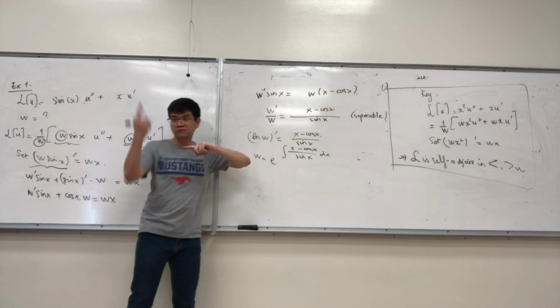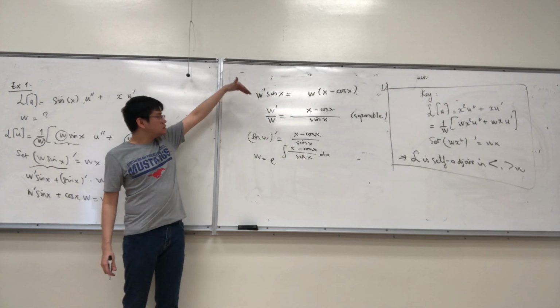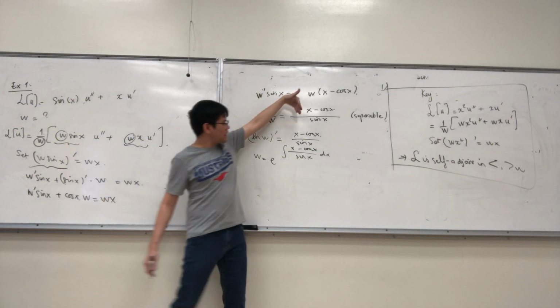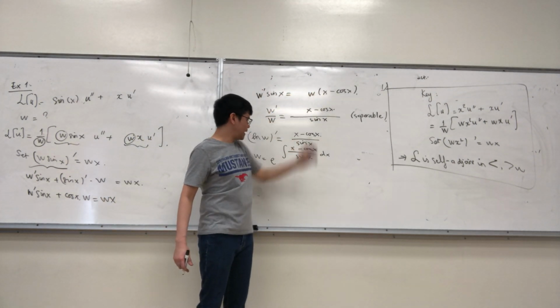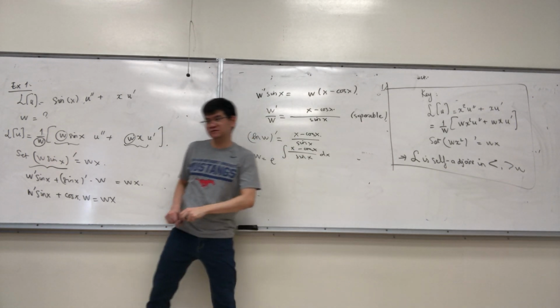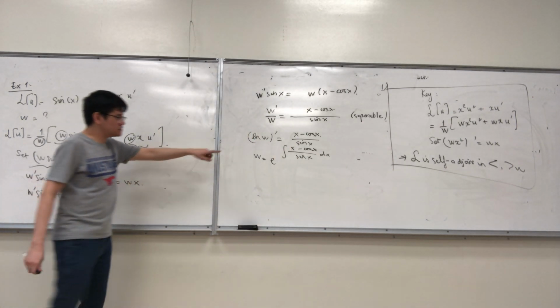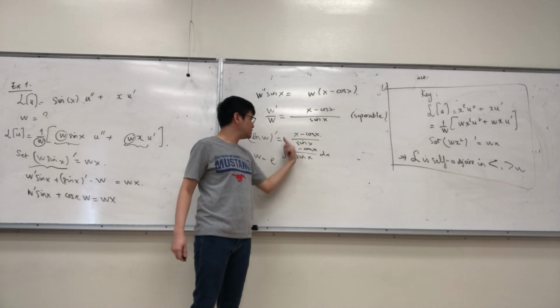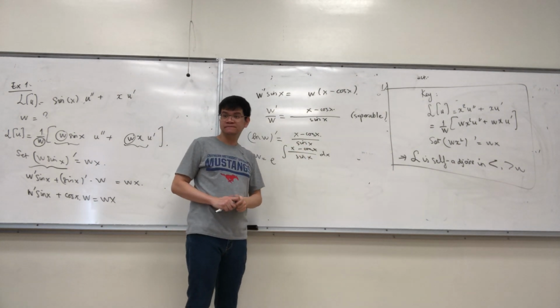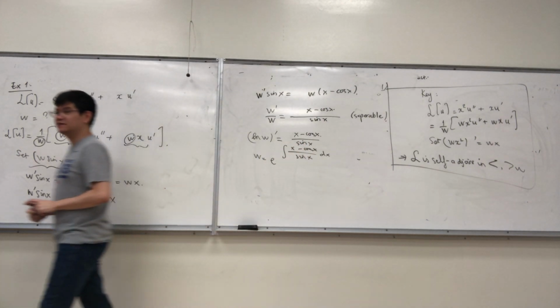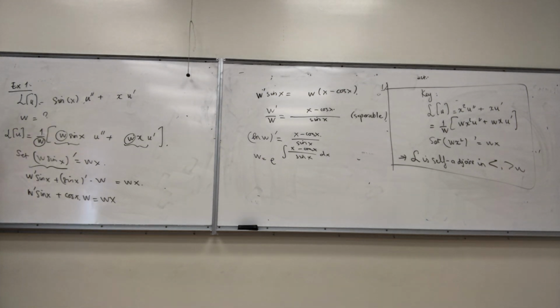Now you do separable, right? So you have w prime over w is x minus cosinus of x divided by sinus of x. So the task now is to do the antiderivative of this guy. Alright? So far so good. Questions? It's clear?